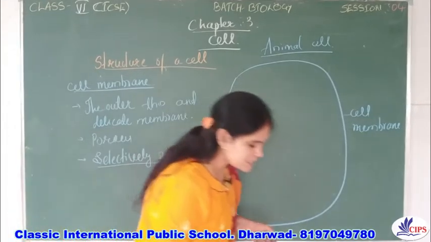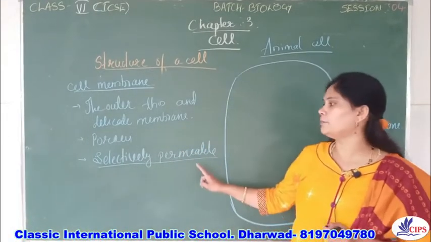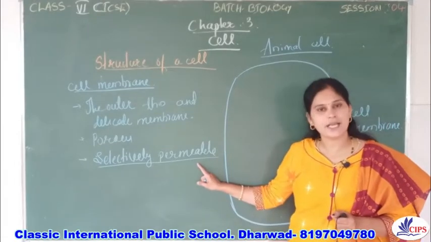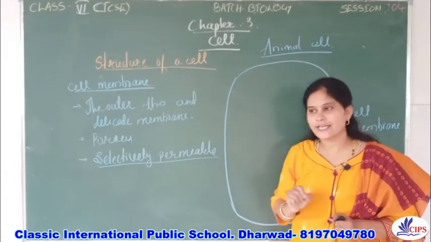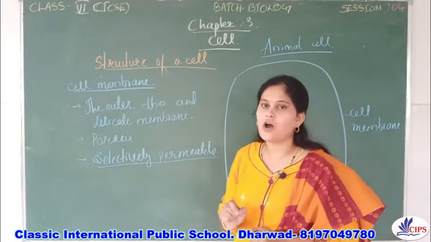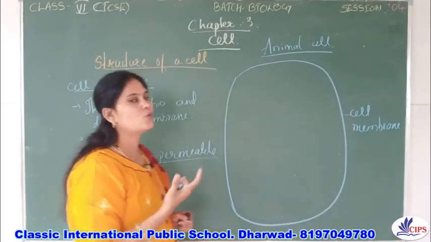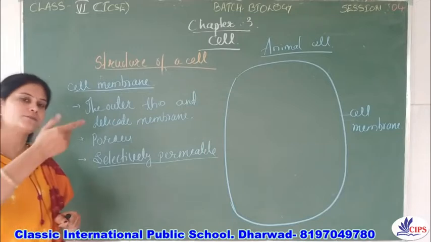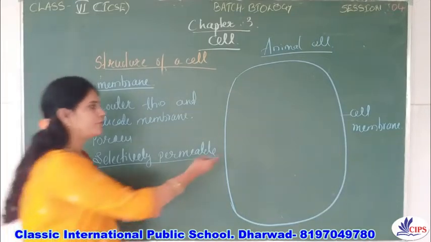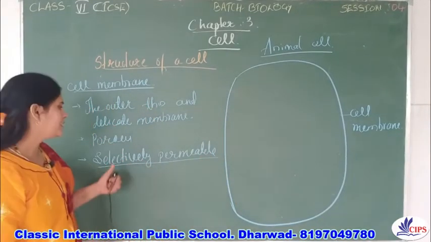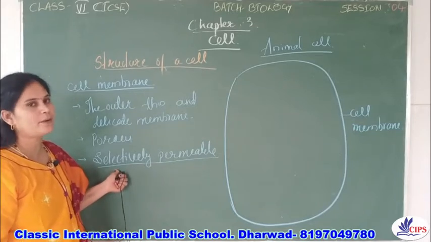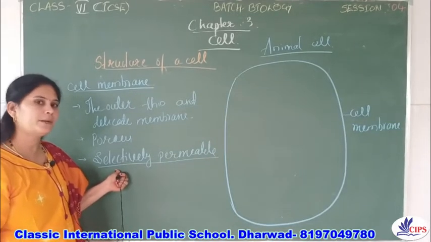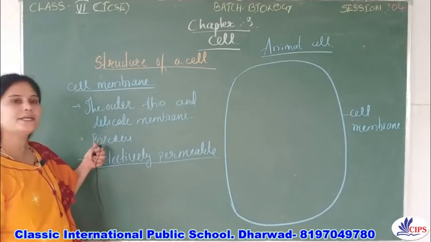So what do you mean by the selectively permeable membrane? It means that it selects the useful or essential substances to pass in and the harmful substances to diffuse out from the cell. That's why the nature of the membrane is selectively permeable, and it is porous.